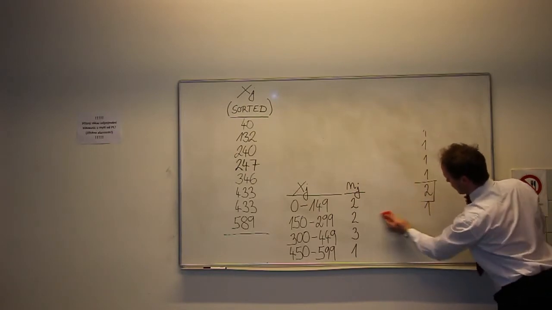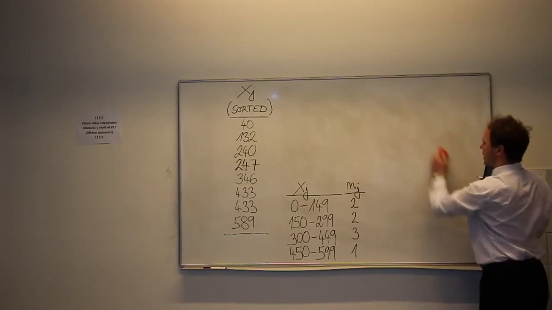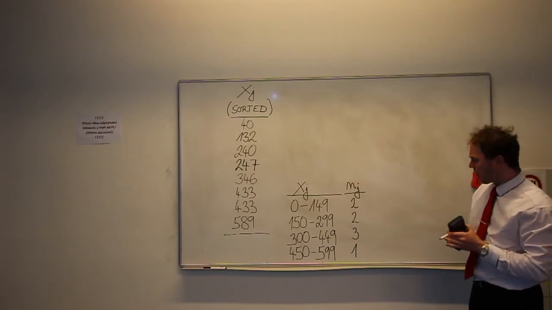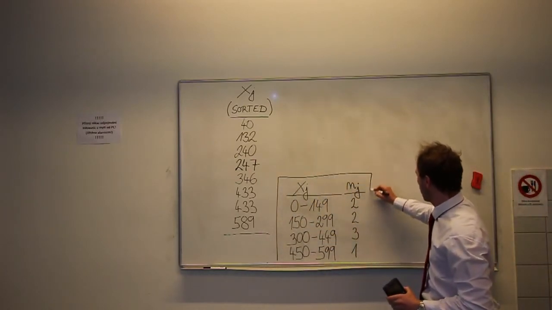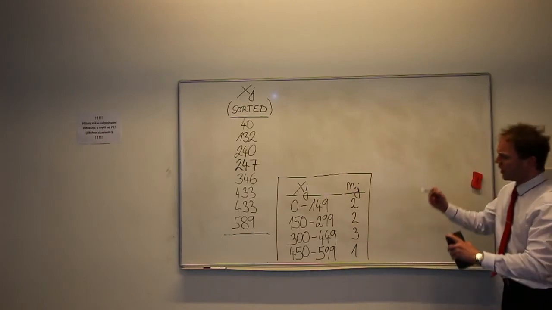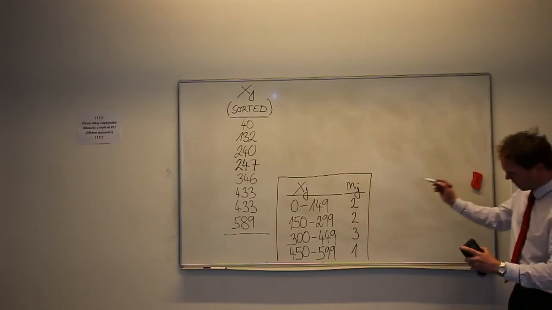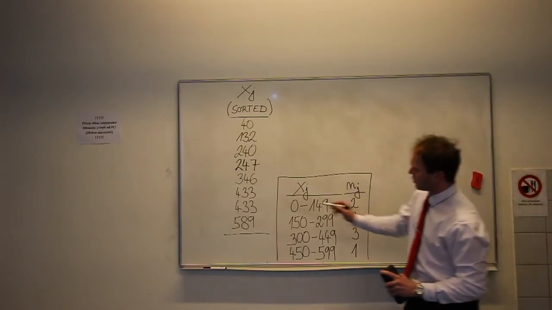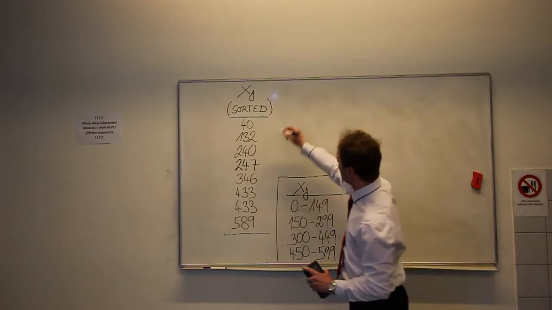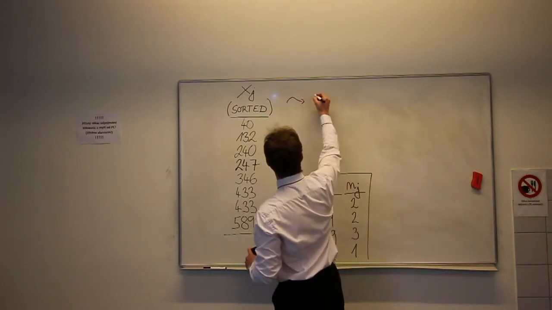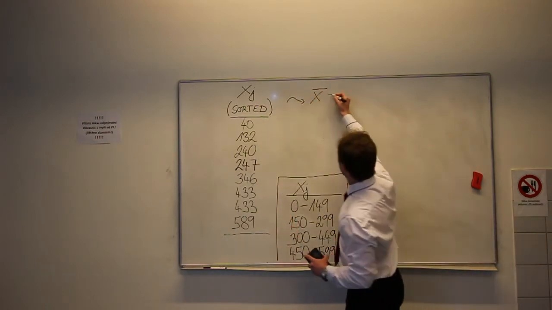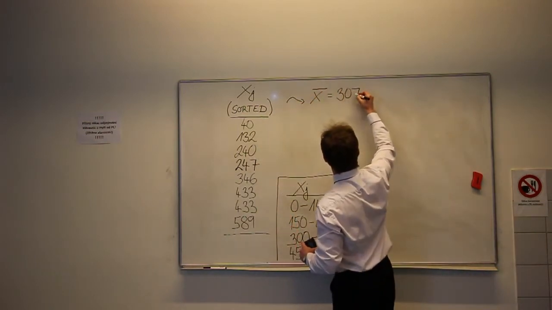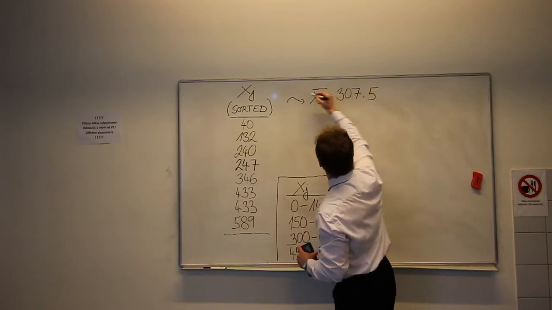We used this table. Now I have the sorted statistical sample in this table. On the basis of this column, I calculated the simple arithmetical mean, which was 307.5.